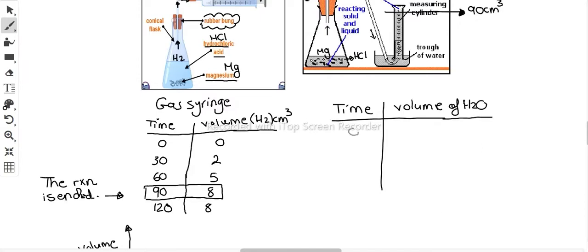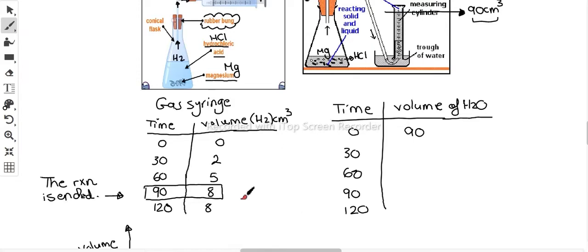So I have here 0, 30, 60, 90, and 120. The initial volume of water inside the inverted graduated cylinder is 90. As mentioned earlier, it will be filled with a specific volume.